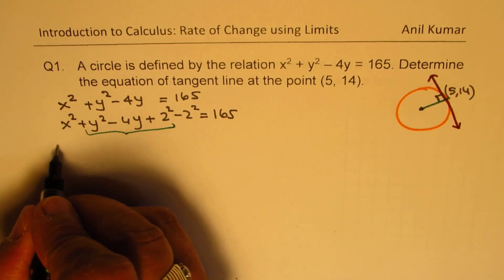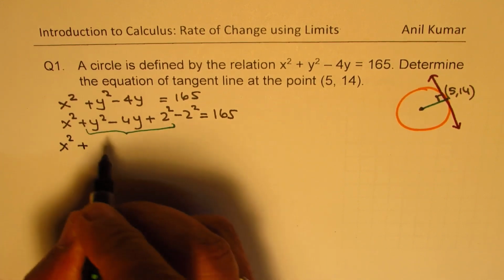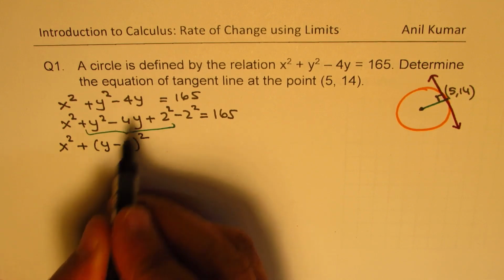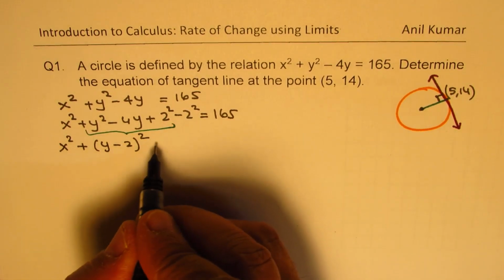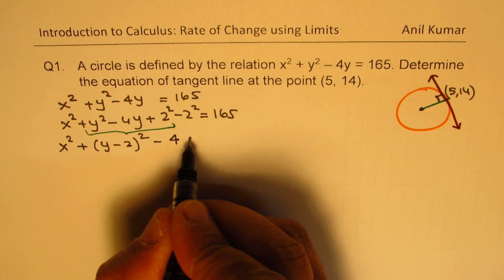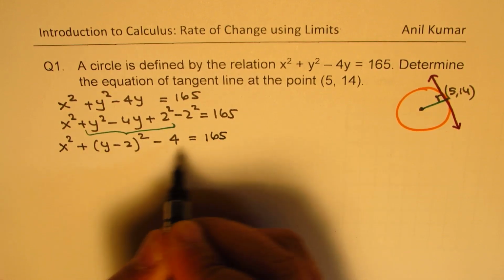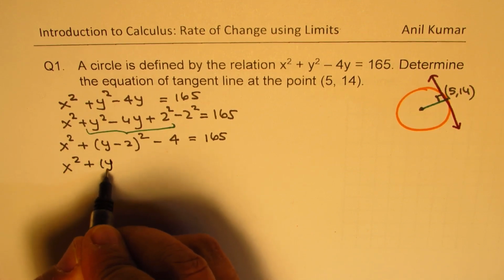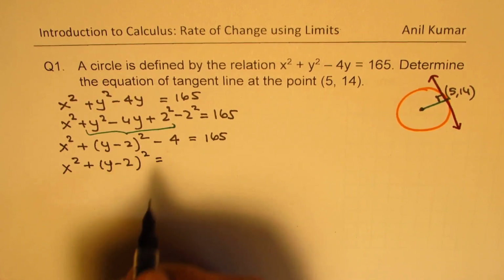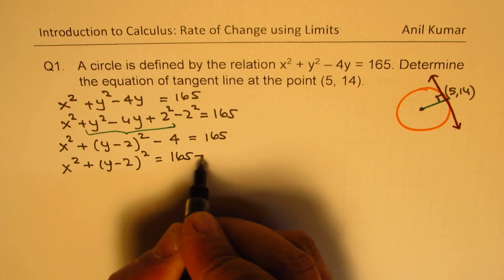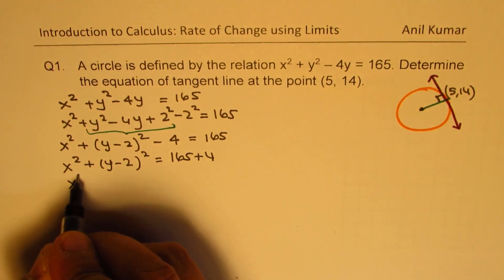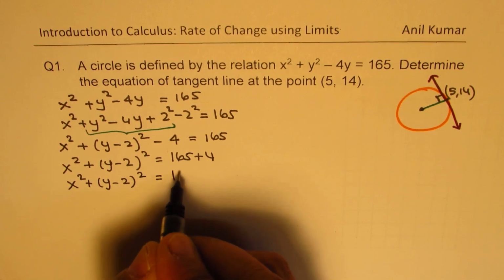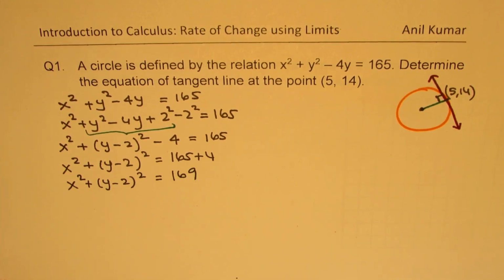So what we get here is x squared plus (y minus 2) whole square. So minus because minus 4y and 2 from there. Minus 2 square is 4 equals 165. Taking 4 to the right side, we get x squared plus (y minus 2) whole square equals 165 plus 4, or we get x squared plus (y minus 2) whole square equals 169.